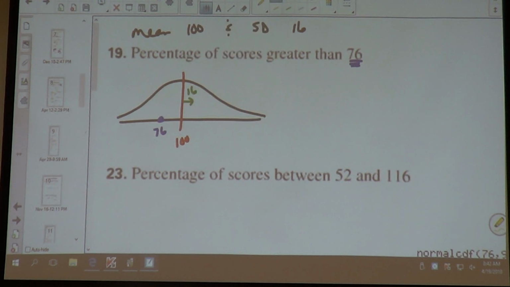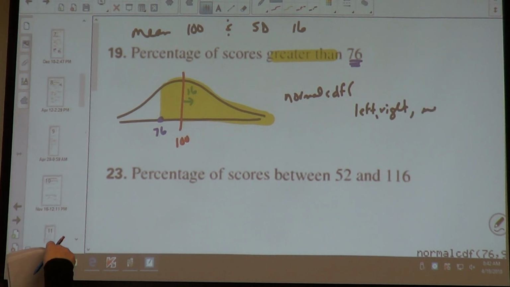It says greater than 76, so there's our shading. We're going to do the normal CDF: left, right, mean, standard deviation. Our left is where we started on the left, which is 76.